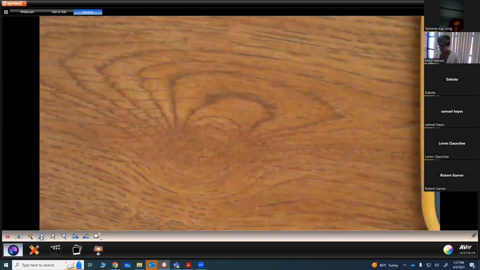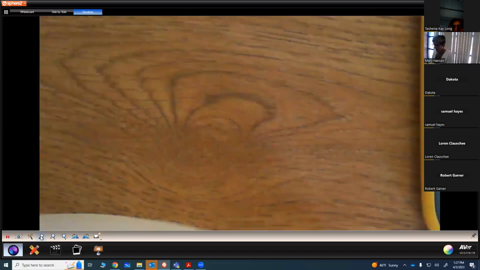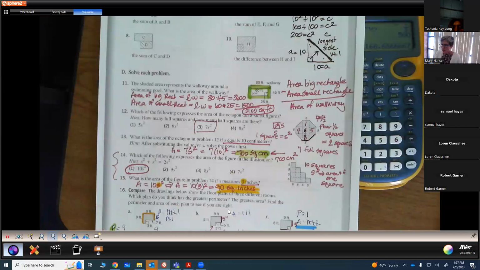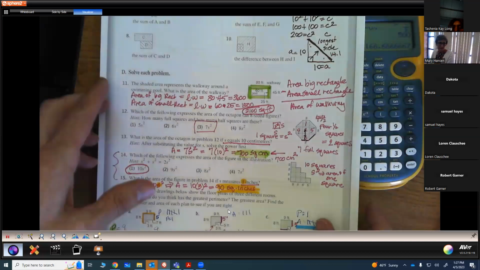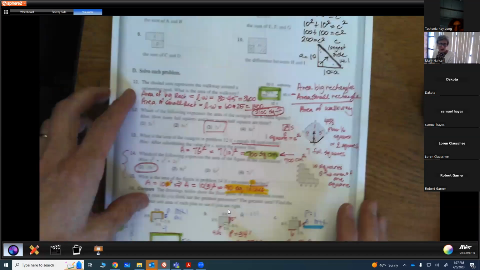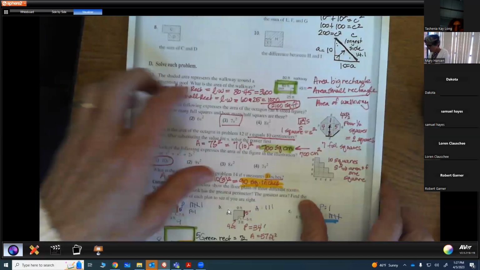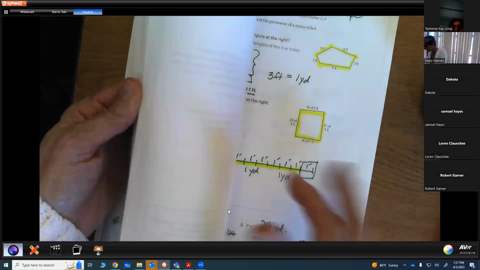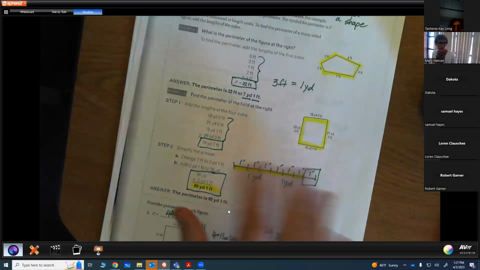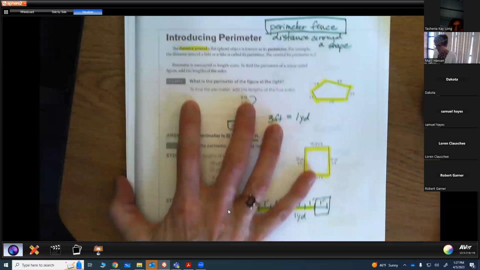Okay, we are moving through our area and perimeter. If you remember, this was the last page that we worked on. Dakota, do you have this packet or access to it? The first page says introducing perimeter. Yeah, I have it. Okay, great.